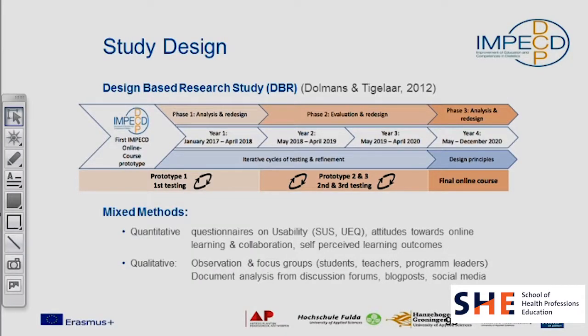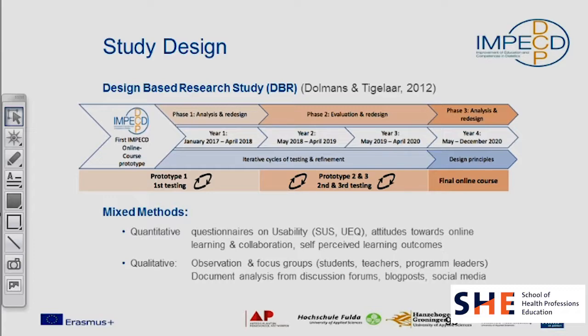Quite naturally, I'm going for a design-based research study design, where I'm applying at least 3 iterative cycles of analysis and redesign. You can see the outline here over the 4 years.